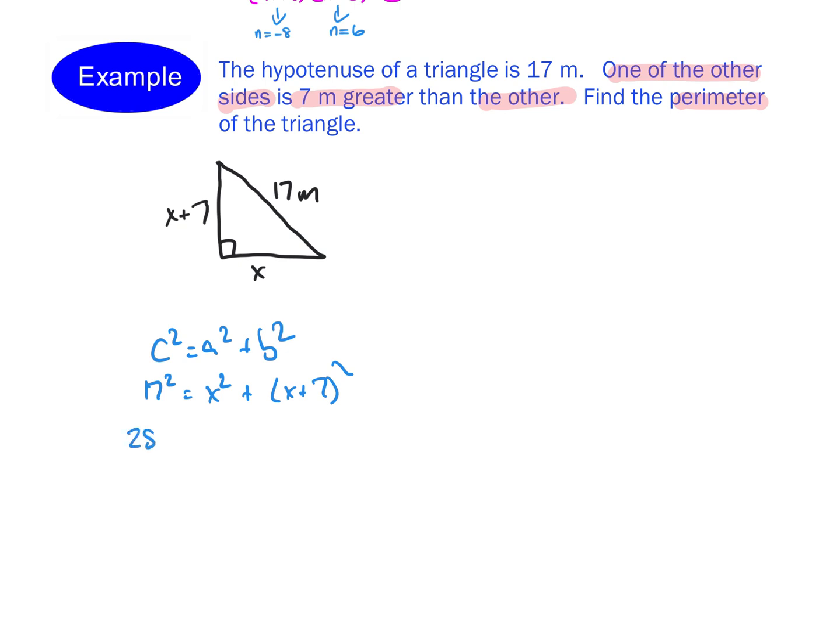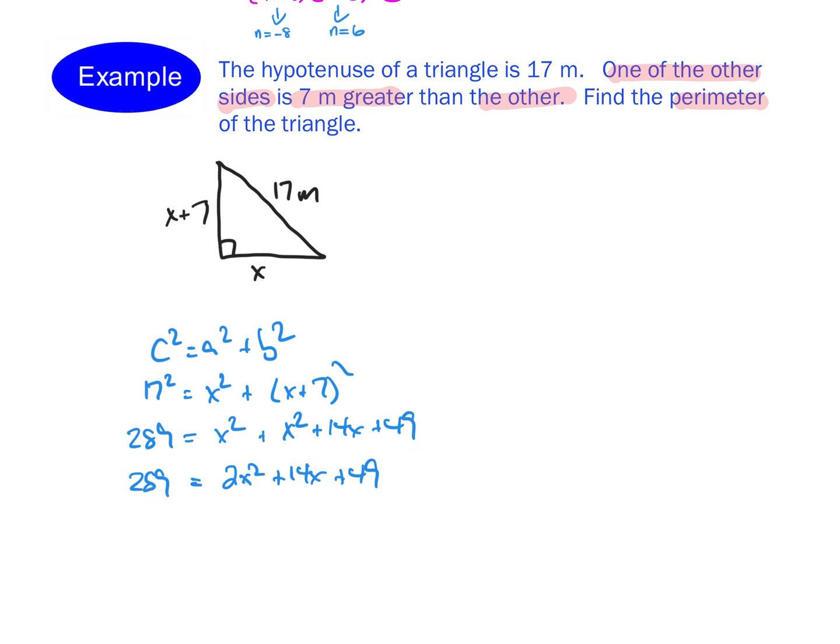17 squared is 289. x plus 7 squared is x squared plus 14x plus 49. Simplifying the right side, we get 2x squared plus 14x plus 49. We will bring the 289 over here.